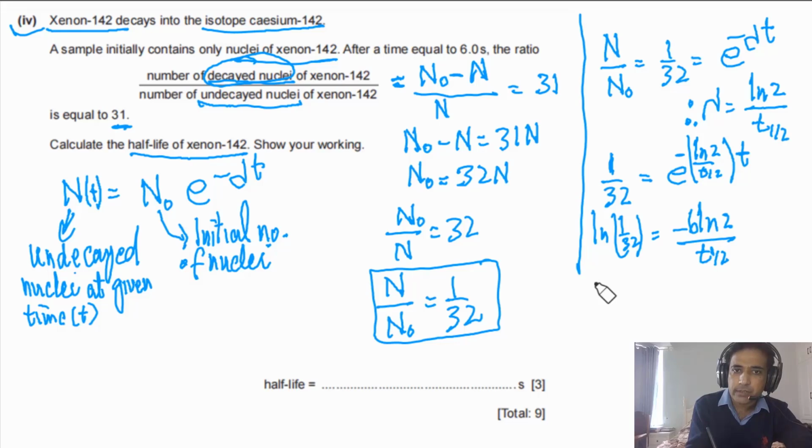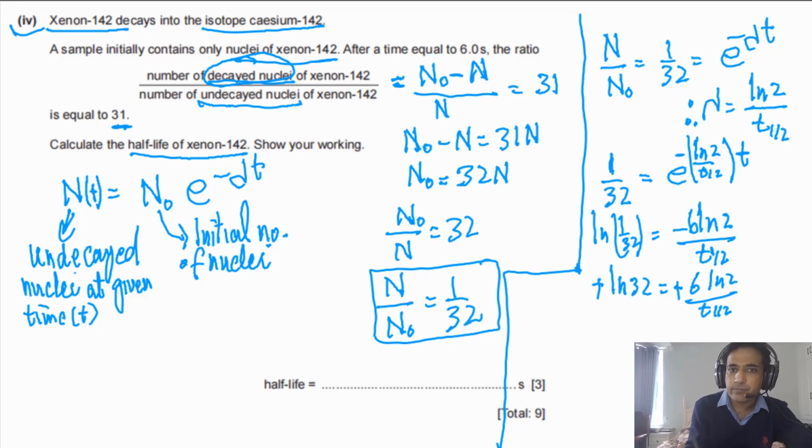On this side, we get ln of 1 over 32, and because the power is minus 1, the minus 1 comes in front of ln, so we say minus ln 32. This is equal to minus 6 ln 2 divided by t1 by 2, the half-life. The negatives will be cancelled.